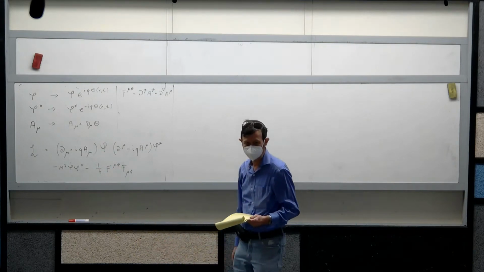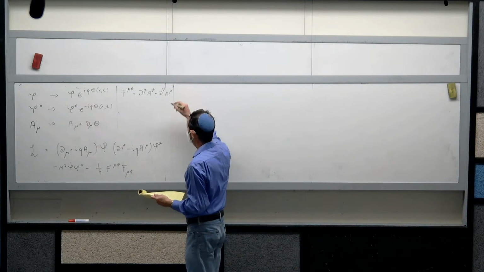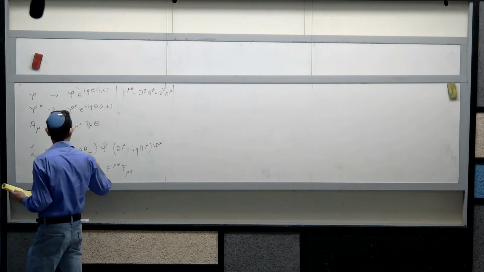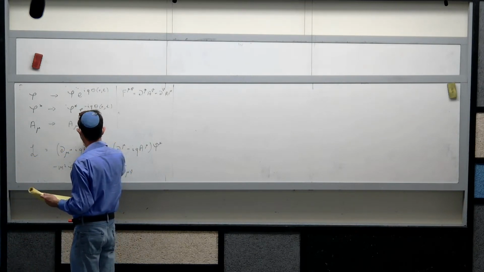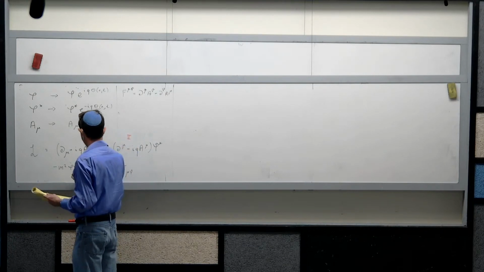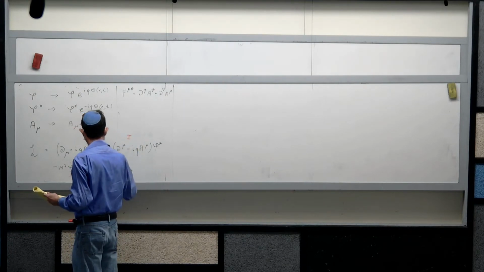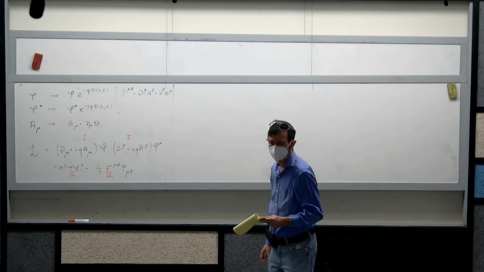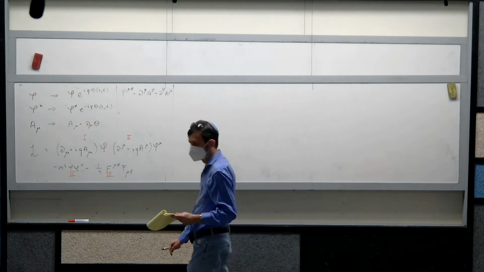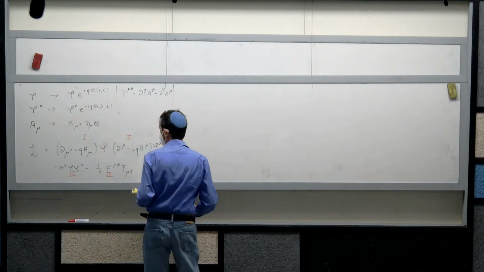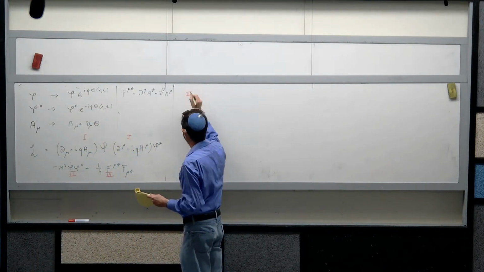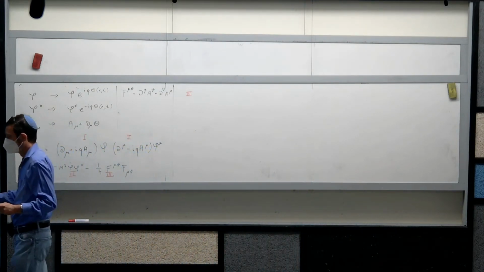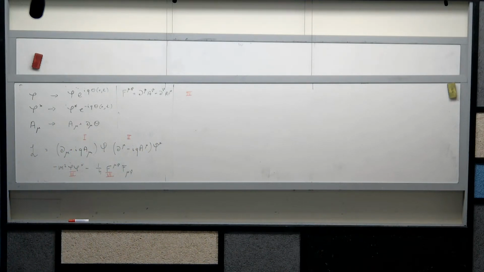Now I should prove it. Okay, let's do it term by term. Okay, I have here 4 terms. And we'll start with the low-hanging fruit. This guy. Well, this is basically trivial.